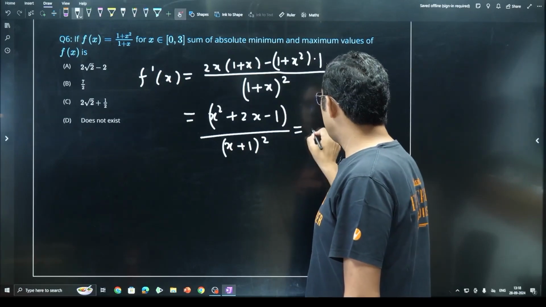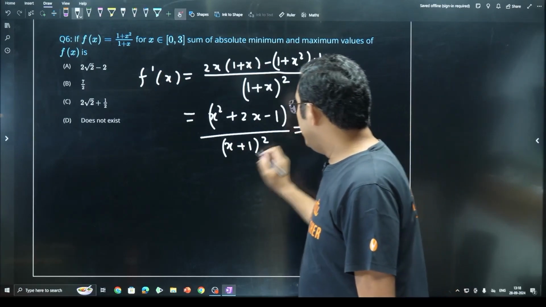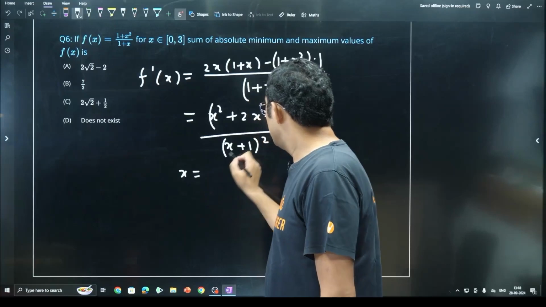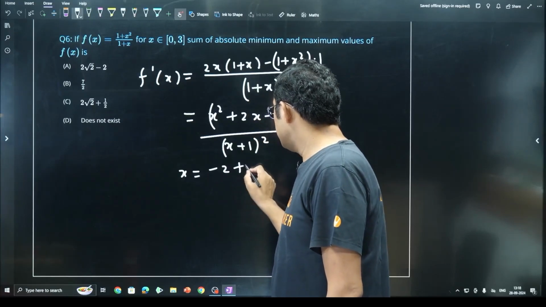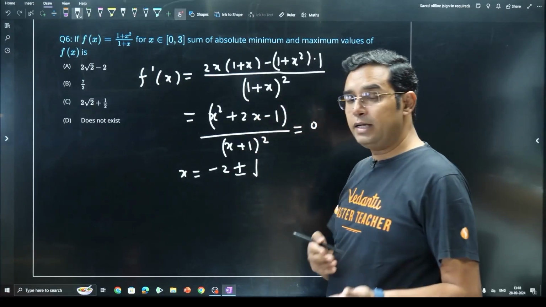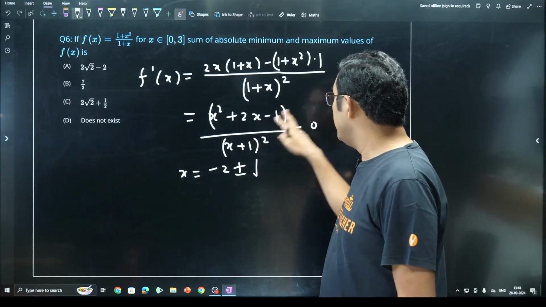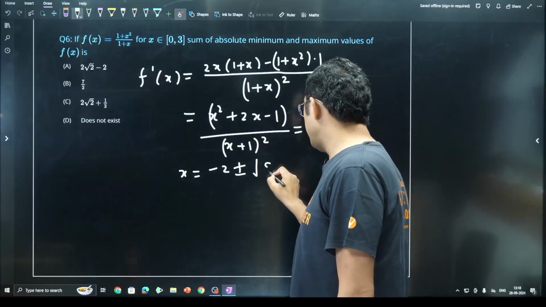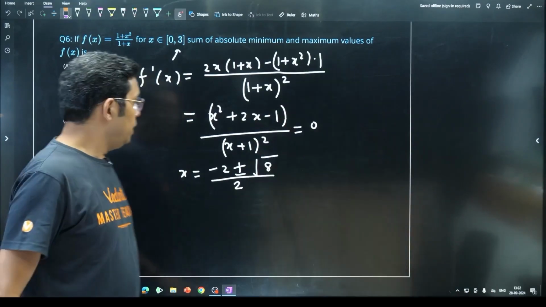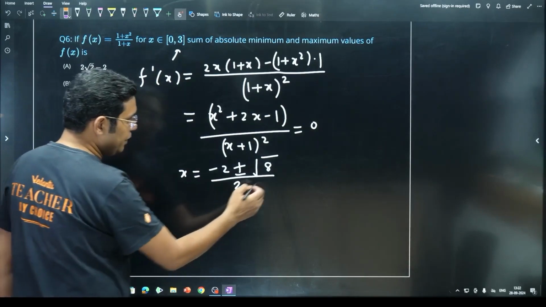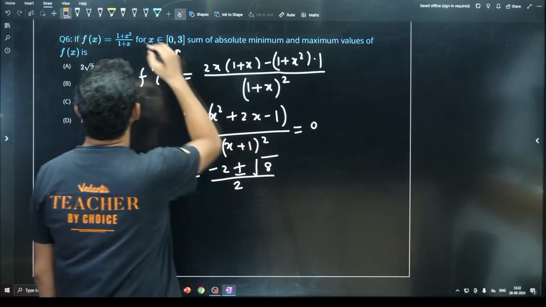If we equate this to 0, we will get x equal to minus b plus or minus root over b square minus 4ac, upon 2a. If we solve it, we get this as minus 1.